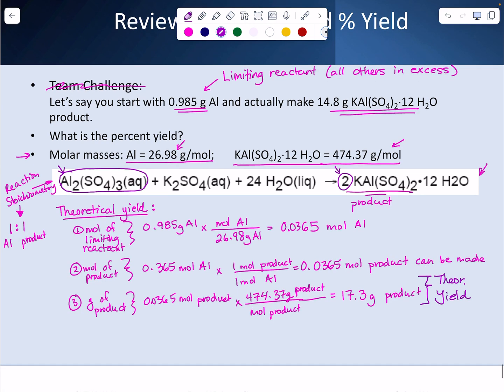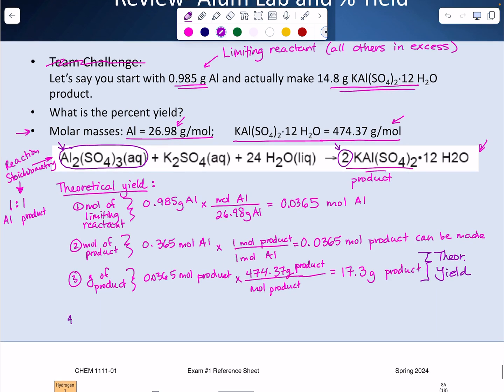So the final thing we want to do is determine my percent yield, which is going to be equal to the amount that I recovered, or collected at the end.